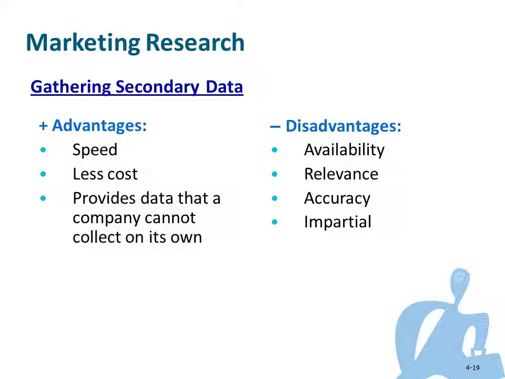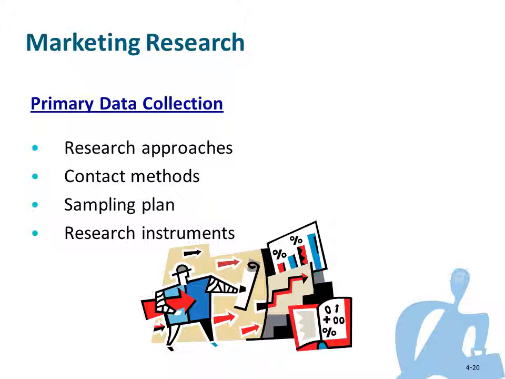But the disadvantages are availability, relevance, accuracy, and that the data may not be impartial. Primary data collection may involve research approaches, contact methods, sampling plans, or research instruments.